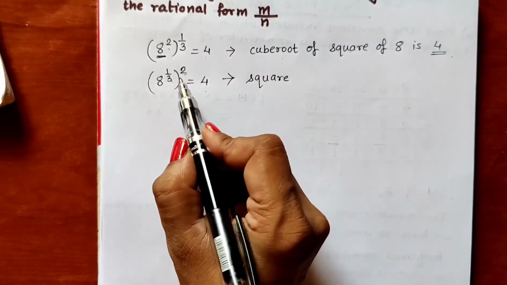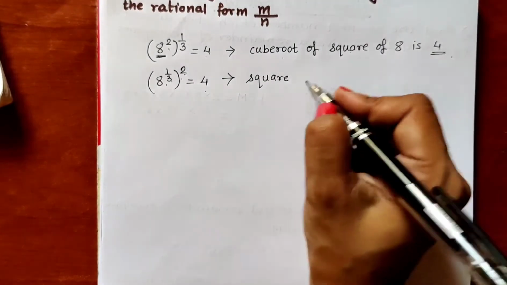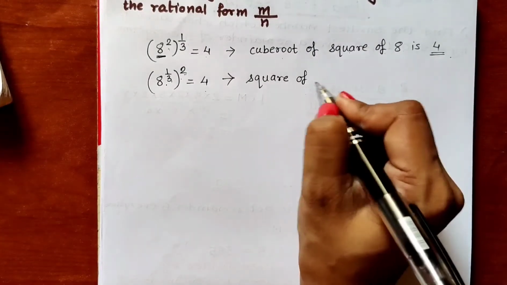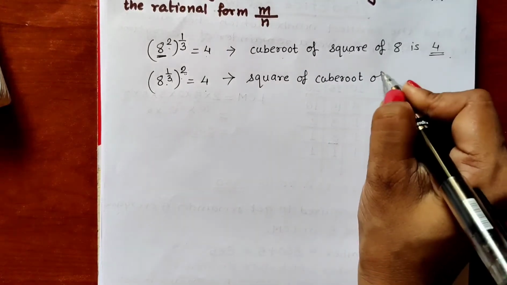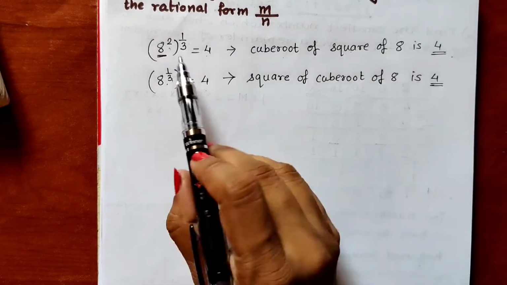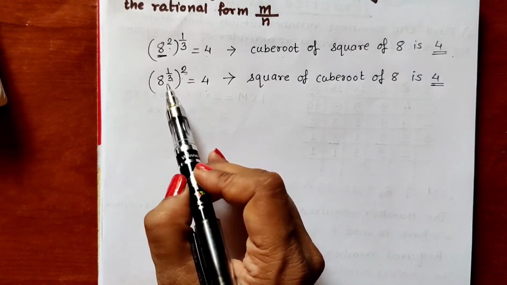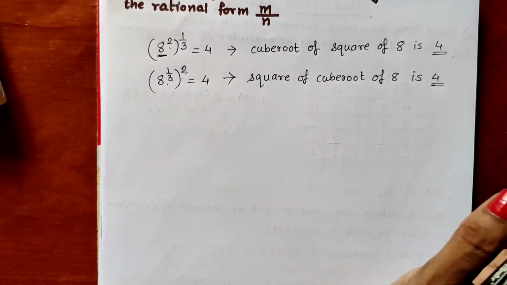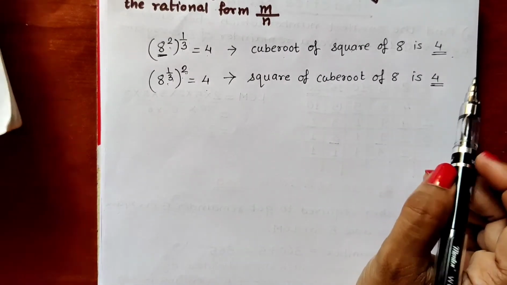Square is outside the bracket, and 1 upon 3 is inside the bracket, so we write square of cube root of 8 is 4. So either you write cube root of square of 8 or you write square of cube root of 8. It is one and the same thing, meaning is same and its answer is also same.